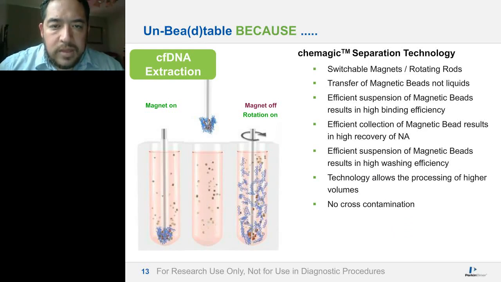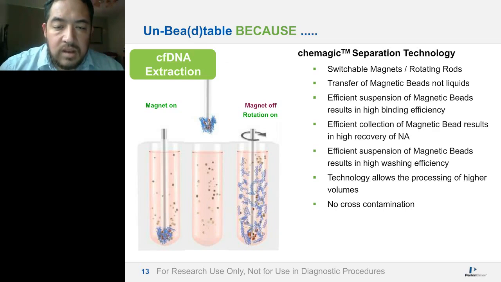With our separation technology, we essentially have switchable magnets and rotating rods. It basically transfers magnetic beads, not liquid. Unlike a system where you have a single tube with a fixed magnet at the bottom and liquid being pipetted in, mixed, and then pipetted out, here we're actually moving the beads from plate to plate or tube to tube, depending on the format of the chemagic system you have.